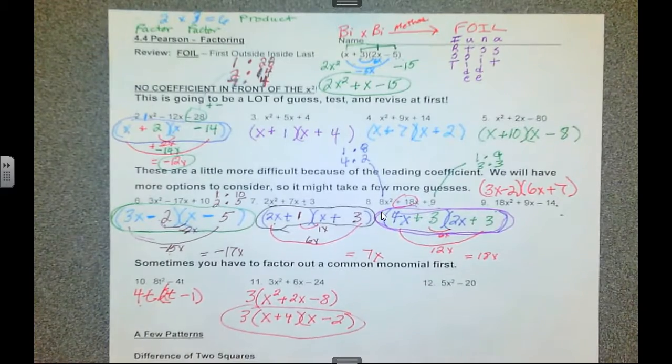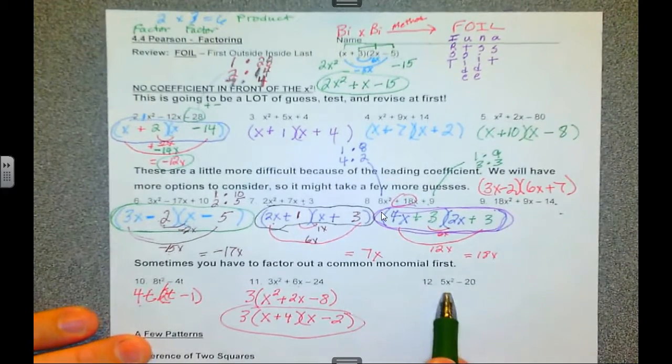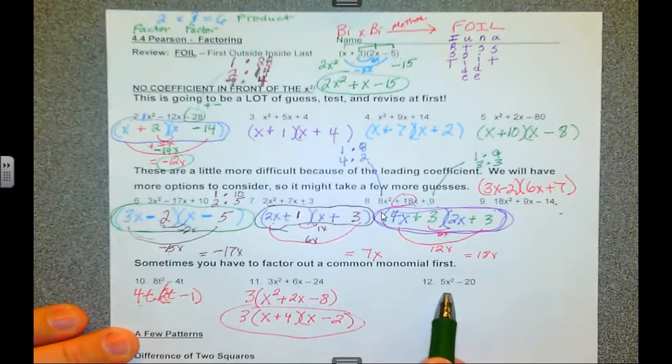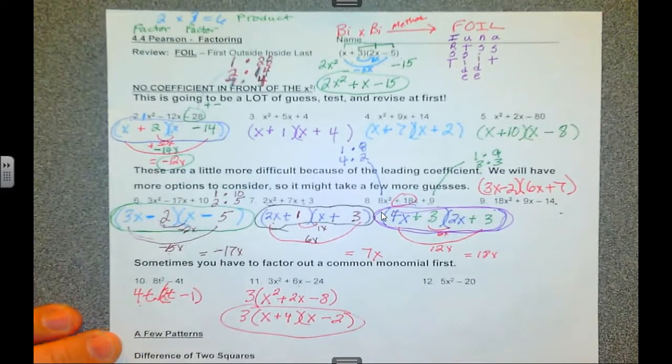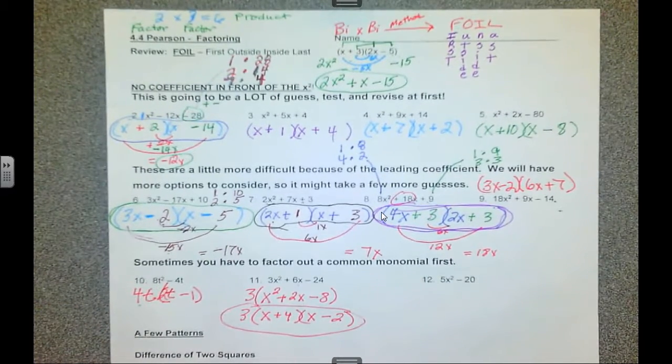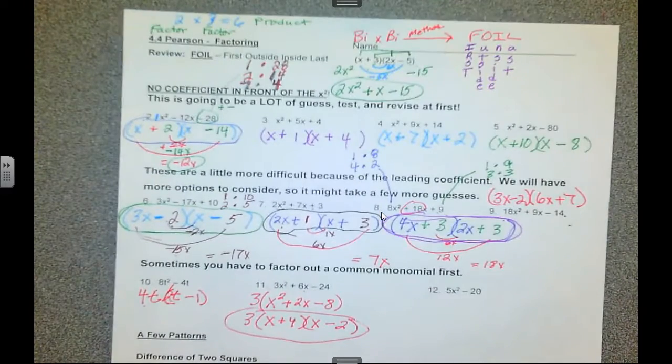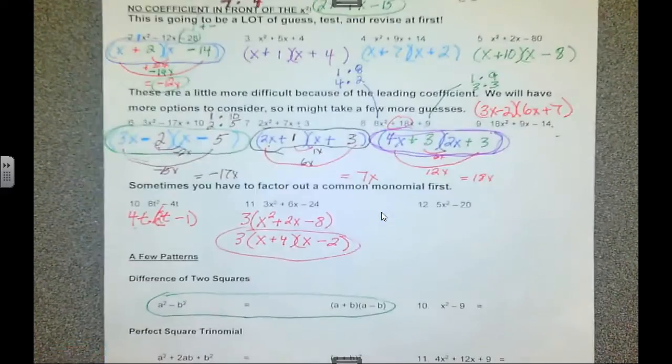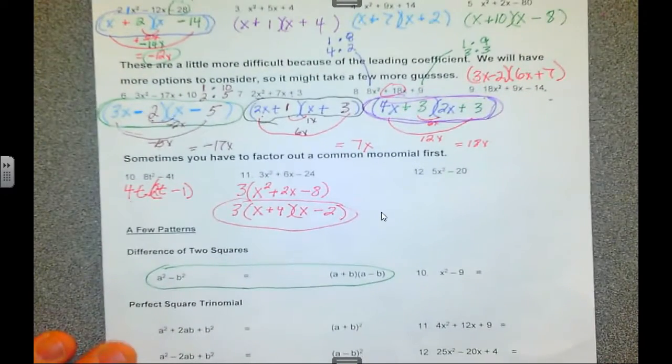If it's a binomial, like number 12, it could be a difference of squares, and there's a shortcut. Actually it's right here: the formula for difference of squares. You don't have to go through all that trouble.